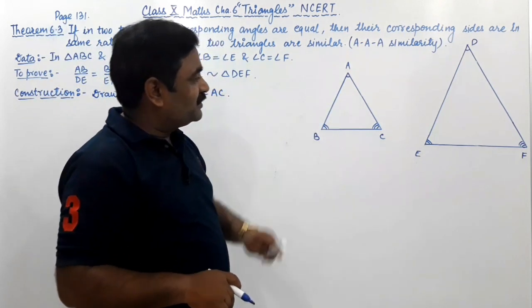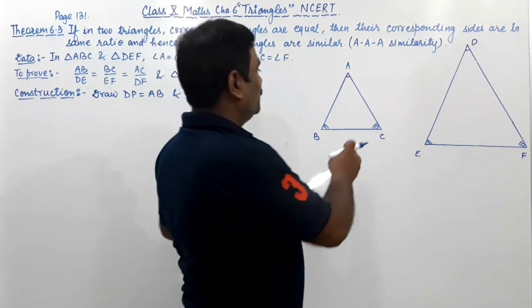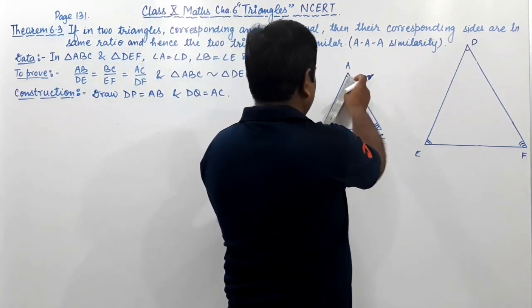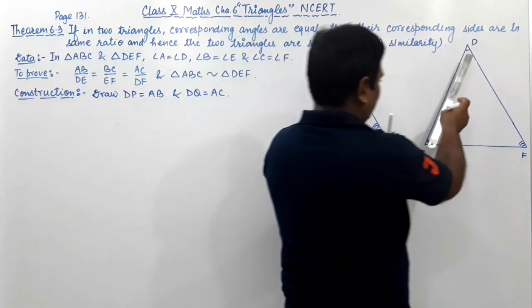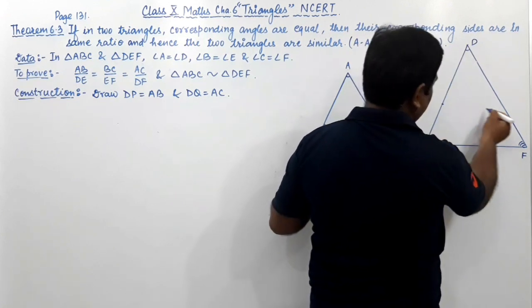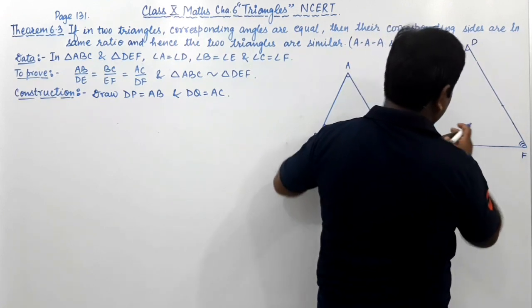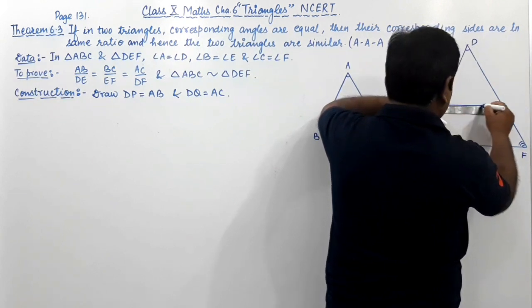This AB is equal to DP, means we take a point P equal to AB on the side. Then these two points P and Q we have to join.